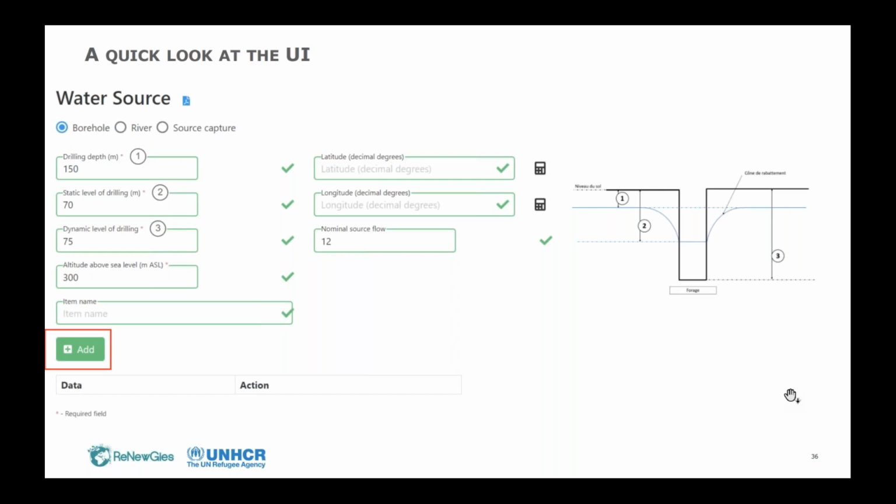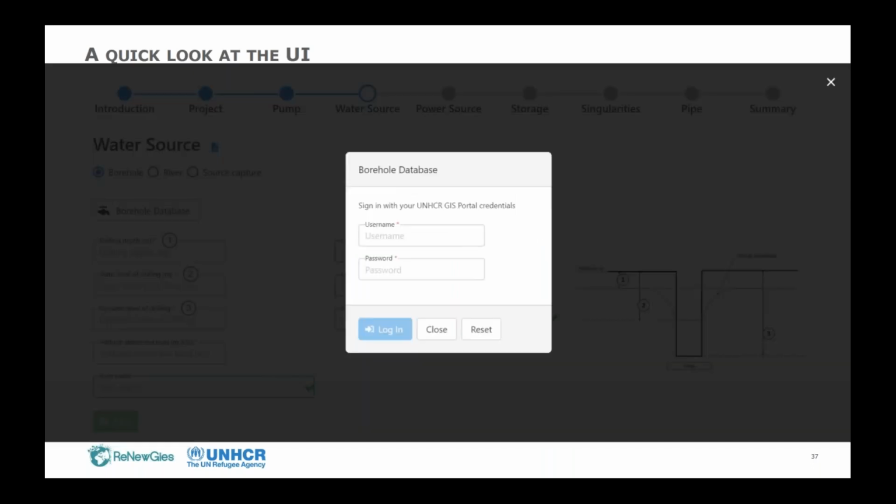On the next slide, we can see that not only new data can be used, but existing data from the UNHCR database, provided the user has the credentials, can be loaded into this tool. It's a way for us to value the data previously acquired by UNHCR.